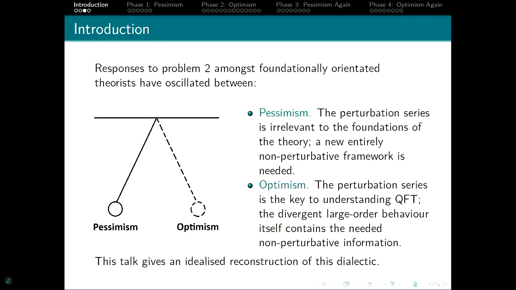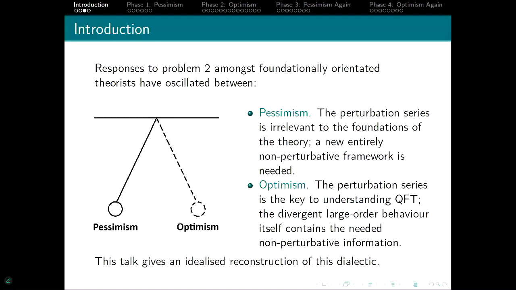What I'm going to be drawing attention to is the existence of another view, which could be characterized as a much more optimistic position, which takes the divergence of the series to be a source of information about quantum field theory, a way of responding to the foundational worries about the theory.